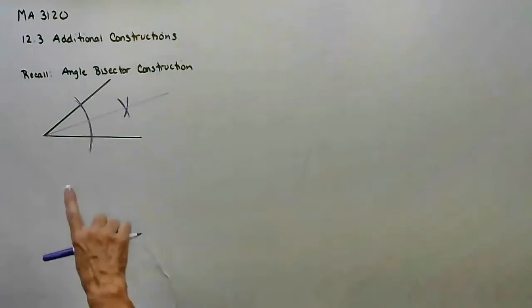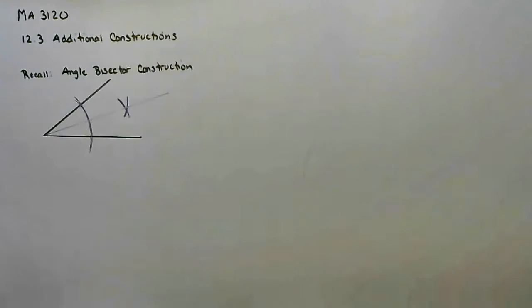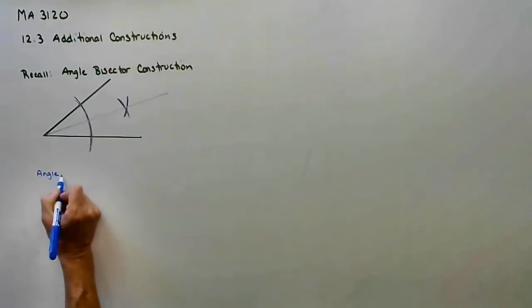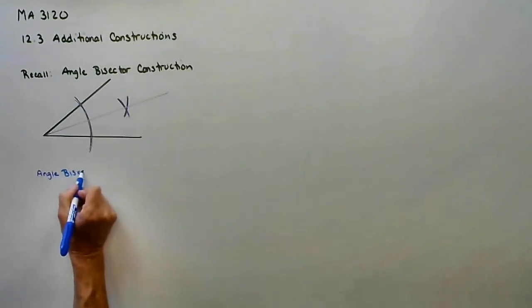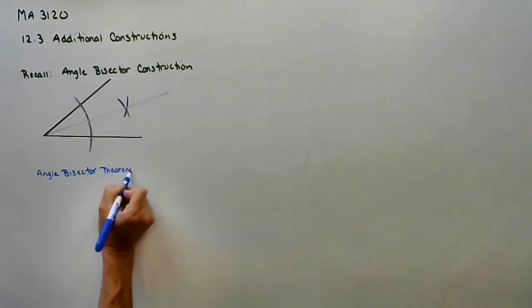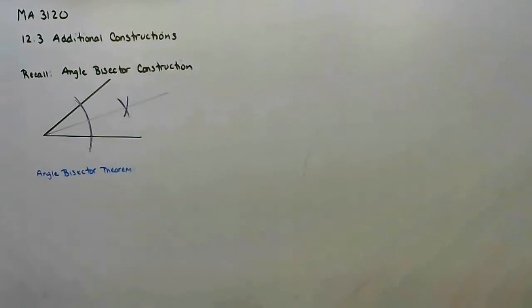Okay? So now we have that angle bisector, I want to talk about all the points that are along the bisector. We did this construction in the last section, but we really didn't talk much about the angle bisector theorem. So let's write that down now. We have what's called the angle bisector theorem. This is a law that has been proven about any point along the angle bisector. There's two things we want to talk about.